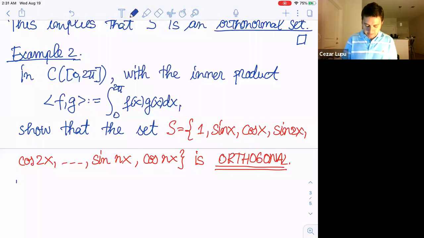Okay, what do we need to show? We need to show that these are mutually orthogonal.